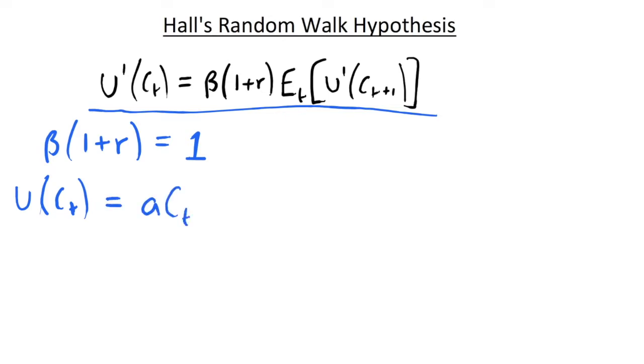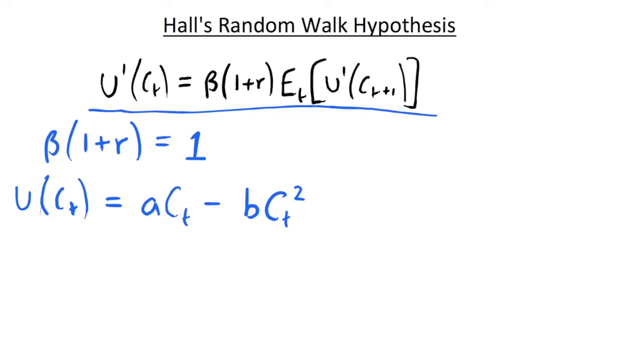So we have some constant a multiplied by consumption in time t, minus another constant b multiplied by the square of consumption in time t. We call this quadratic utility because we have a quadratic term in there, c_t squared.